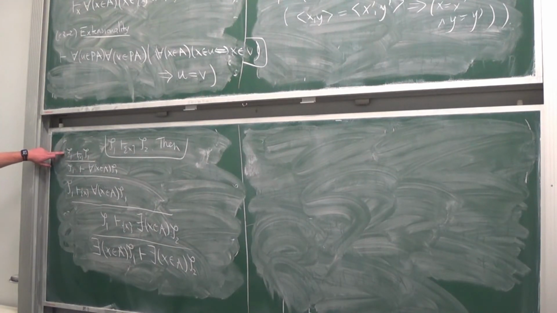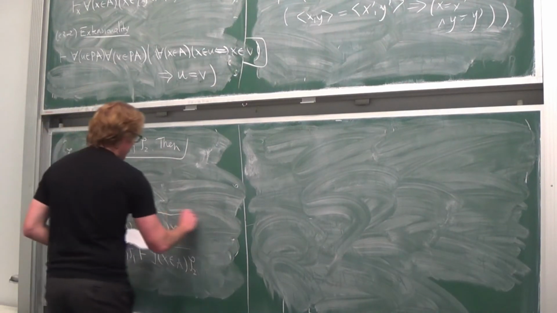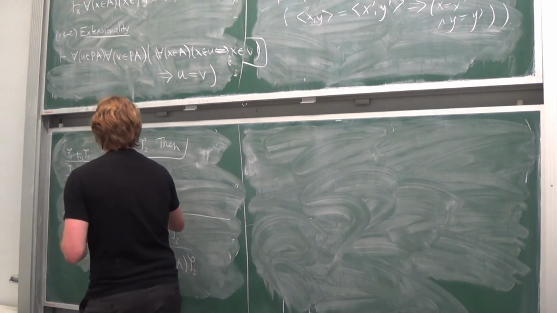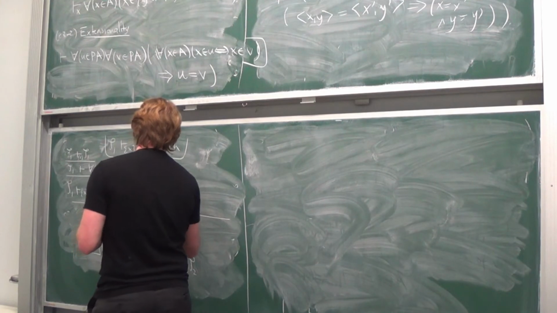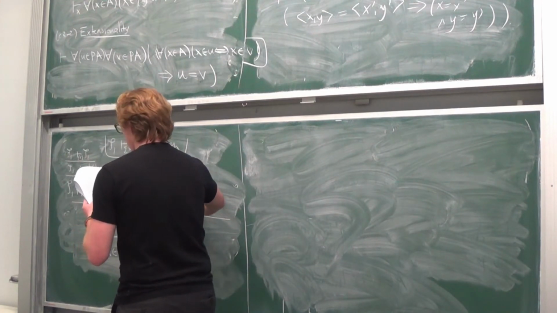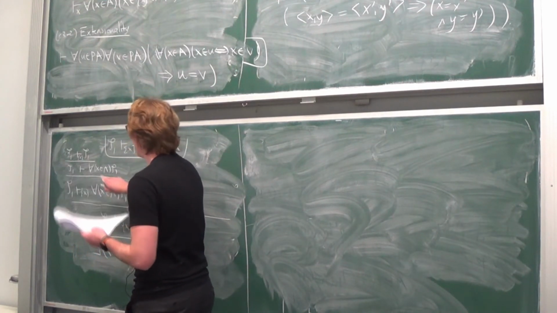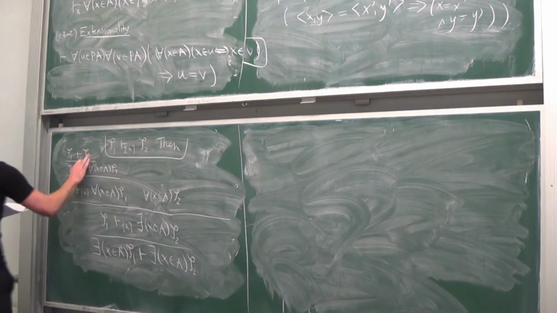We start with this, then we can introduce the for all, and then we use this expansion of the context from the structural rules to add in a sort of fake x. And then we cut that against, oops, sorry, I want to start with 2 here.